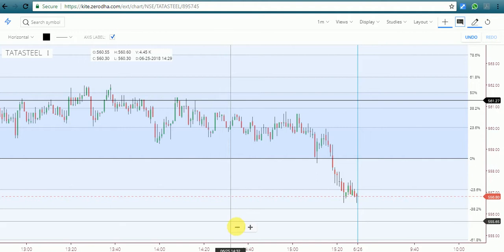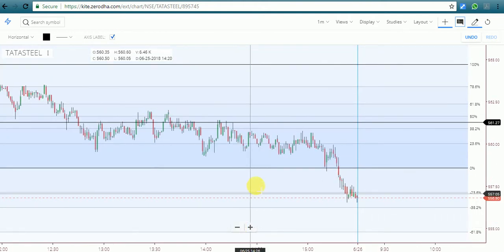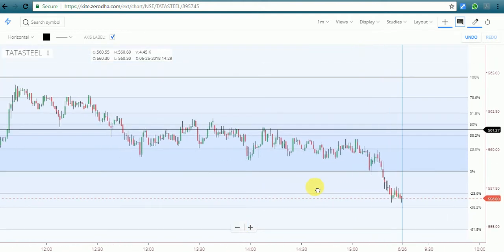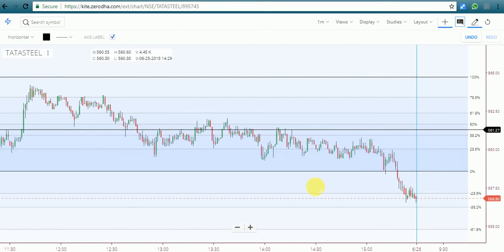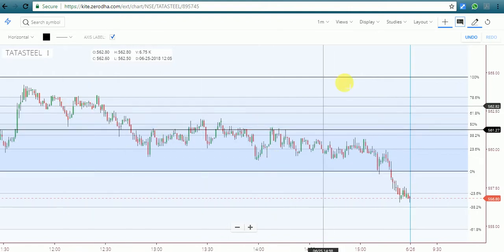If you are a new learner, it may take some time. If you are a beginner who knows very well about levels and candlesticks, they will get the idea quickly. So you have to work like this only.